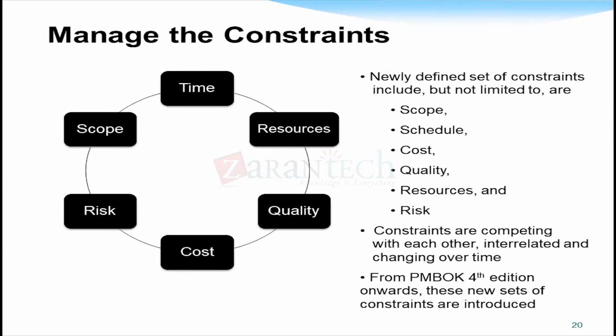Time, you are able to do quicker or faster. And resources, who is involved in this product. Resources are the team. Who is the team who is involved? Quality is how good the product is. And scope is nothing but requirements.